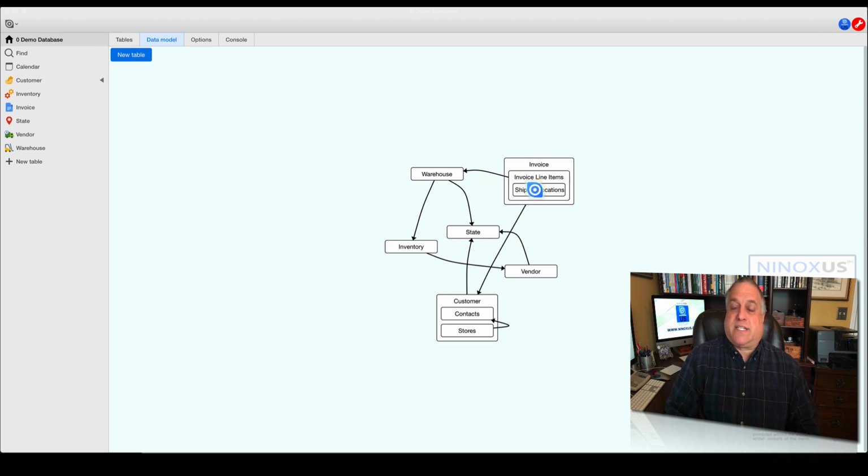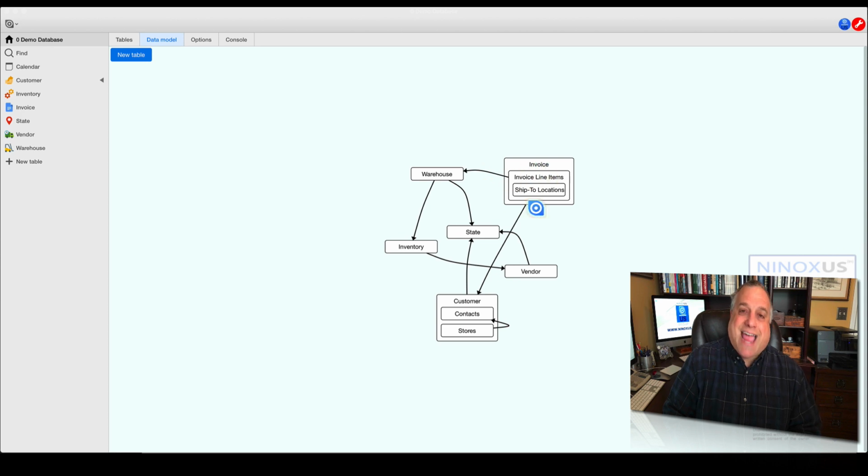Multiple invoices can exist for a single customer. One customer can buy more than one thing from us or have more than one purchase event. At the same time, each purchase can be for multiple goods or services. Therefore, they could have multiple line items. But this is an event. An invoice is an event. An invoice line item is the details of an event.